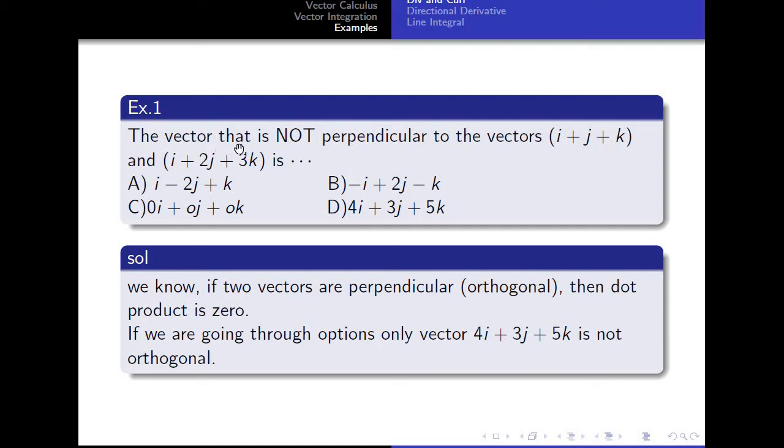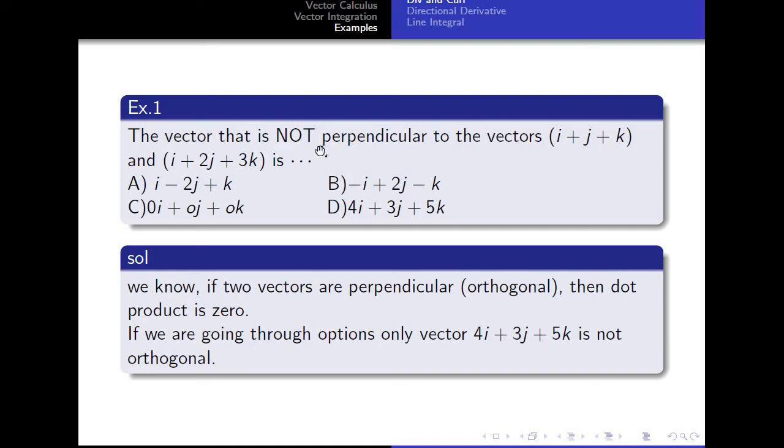The vector that is not perpendicular to the vectors i plus j plus k and i plus 2j plus 3k is: options A, B, C, D are given. We know the condition for perpendicular vectors: if their dot product is 0, then they are perpendicular.